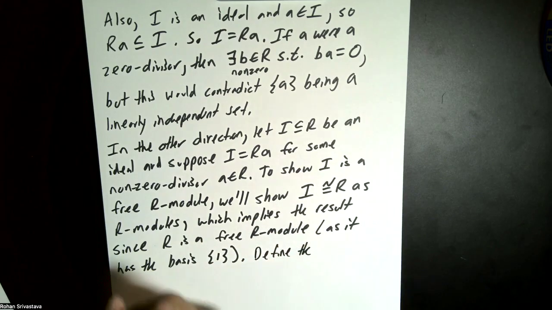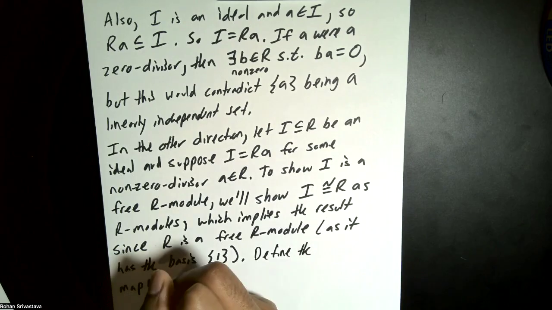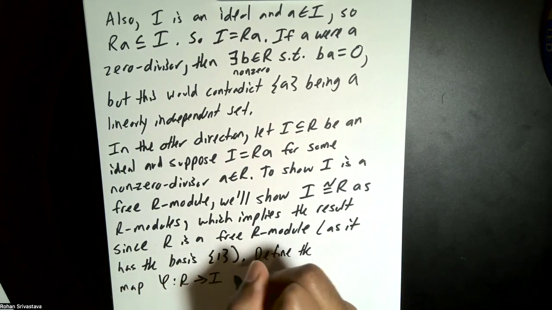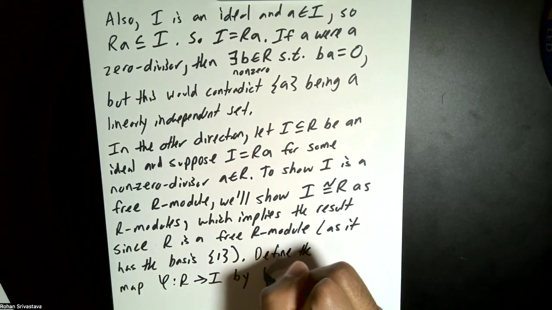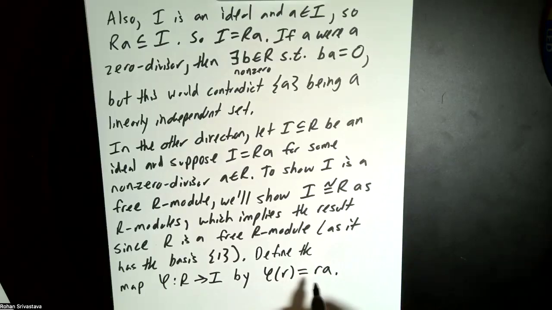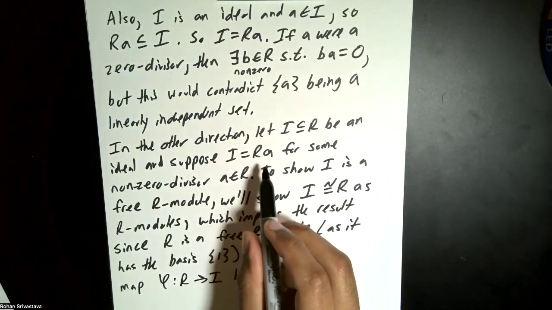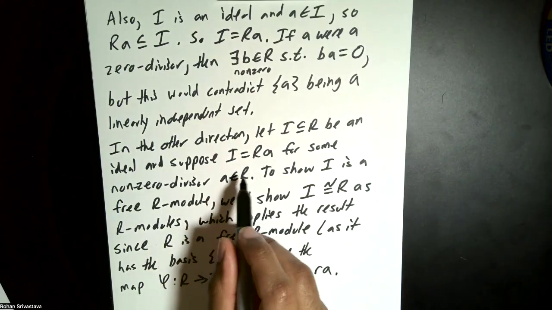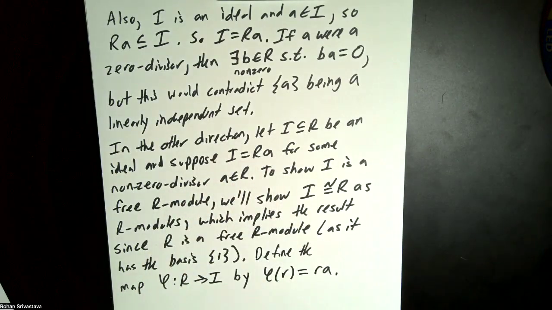Define the map phi from R to I by phi sends R to R times A, where A is our non-zero divisor in R such that I is equal to RA.